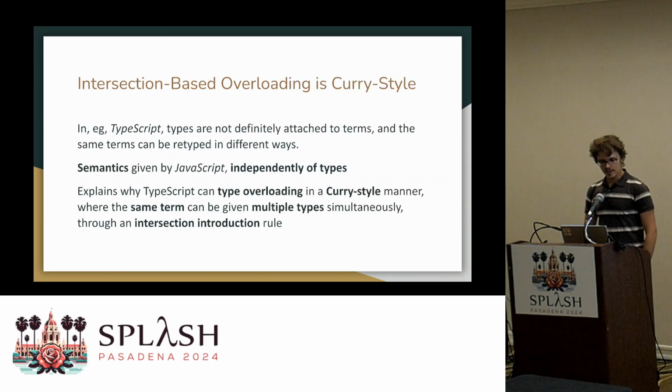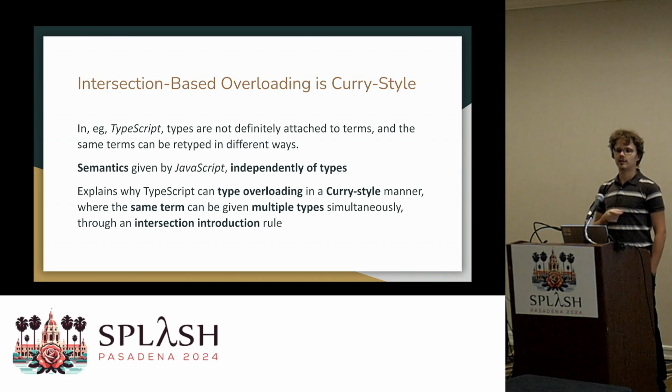And so basically, you can think of intersection-based overloading as fundamentally Curry-style, right? Remember the intersection introduction rule. It said that you needed to type the same term as two completely different types at the same time, right? Simultaneously. And this is why this is a Curry-style language feature.